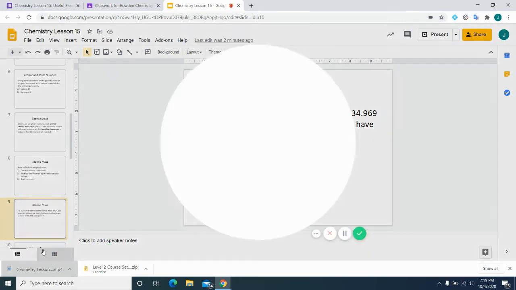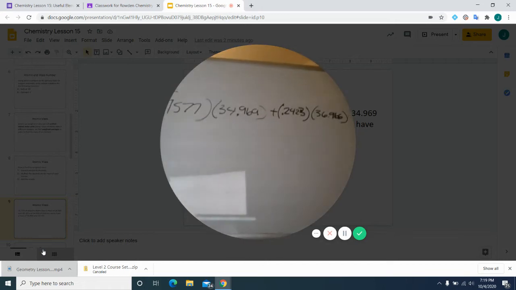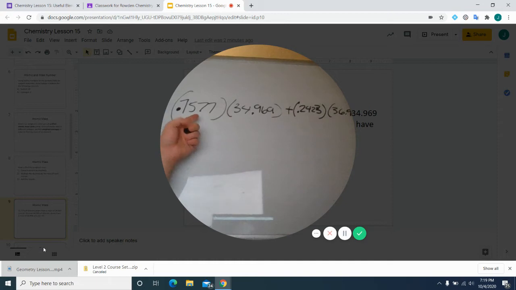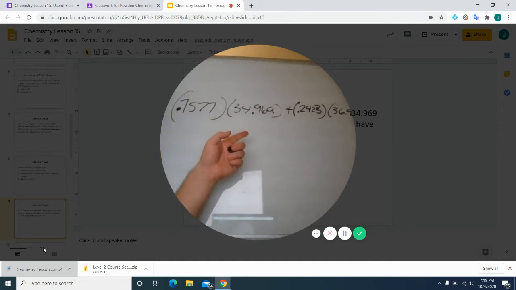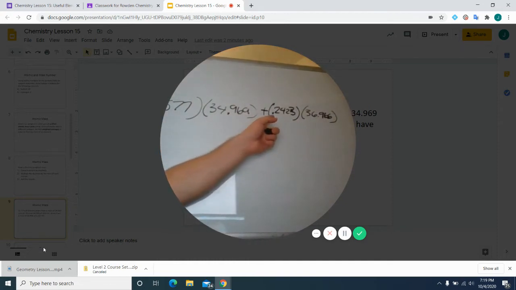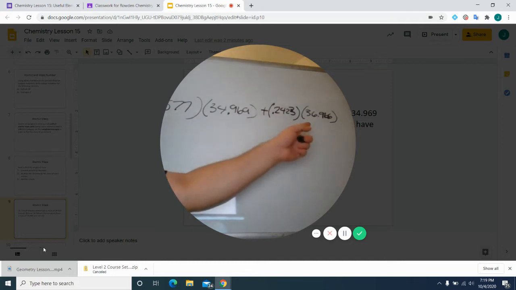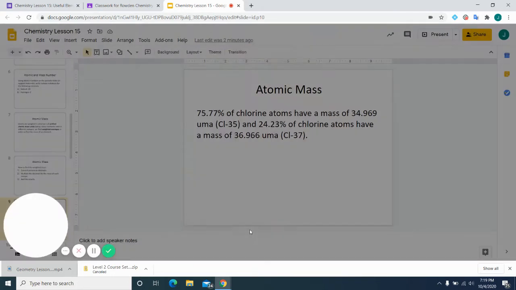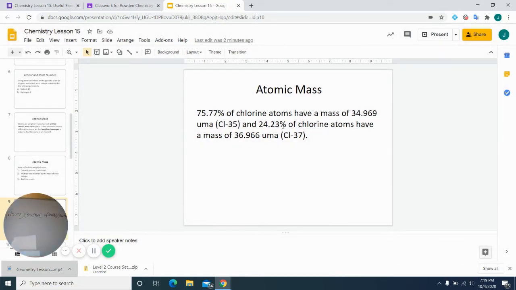You take each weight they give you, and you turn that percentage into a decimal. So we have 0.7577 times 34.969 plus 0.2423 times 36.966. See that? So you take this, make this a decimal, times this weight, plus make this a decimal times that weight. So I'll just pull up the calculator on here.